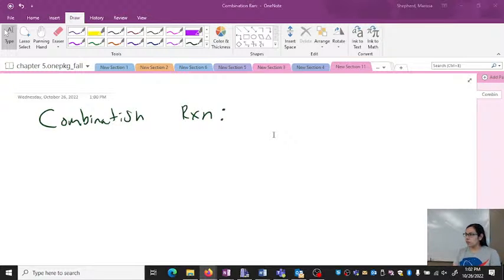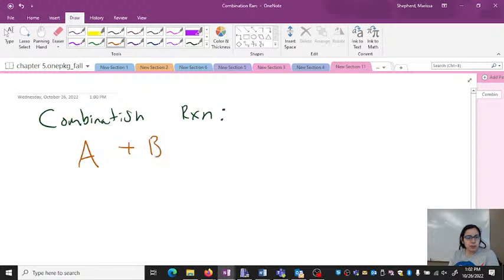What generally is happening? More reactants than products, that's a great way to distinguish. So generally A plus B gives you one C for your reaction.